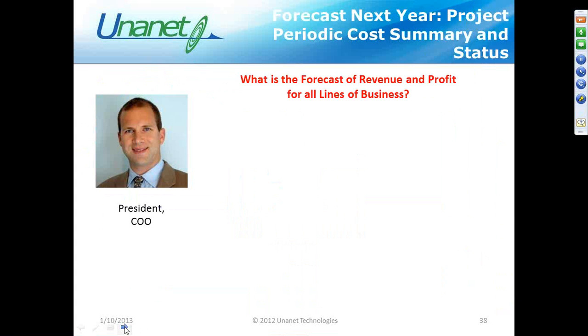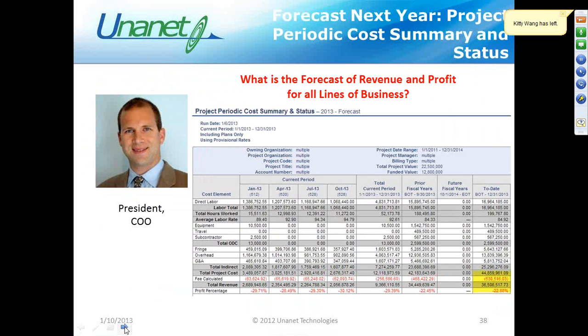If he wants to view the forecast of revenue and profit for all the lines of business, he can run that cost summary and status report that you just mentioned. Here he's used the option to report on all and show everything on all projects in the one report, so he can see the overall big picture of what his revenue is going to be and that profit percentage for the year.